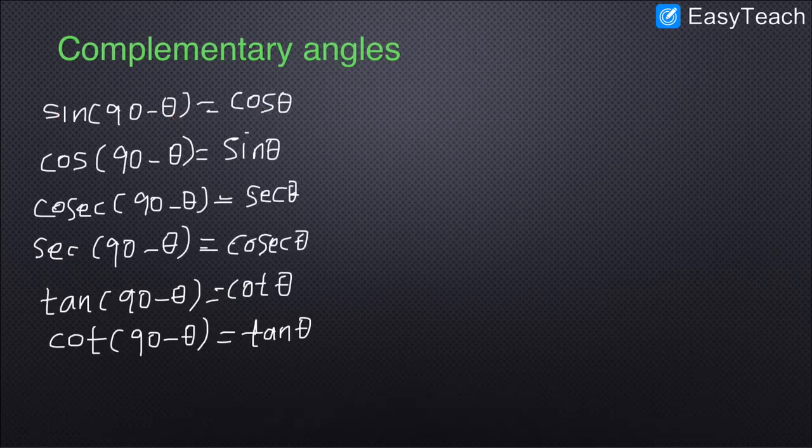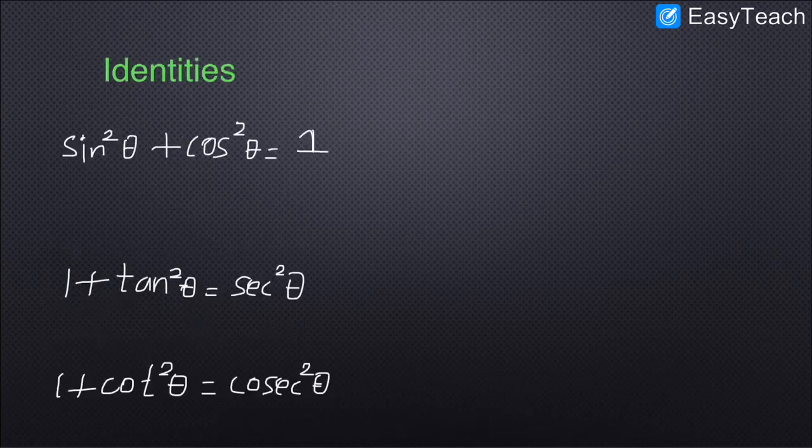So sine 90 minus theta is cos theta, cos 90 minus theta is sin theta, and similarly for cosec and sec: cosec 90 minus theta is sec theta, and sec 90 minus theta is cosec theta. Same for tan and cot: tan 90 minus theta is cot theta, and cot 90 minus theta is tan theta. While solving problems, we apply the complementary angles concept.